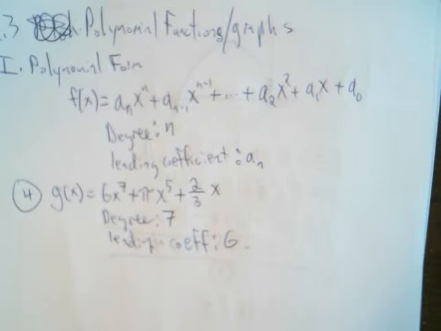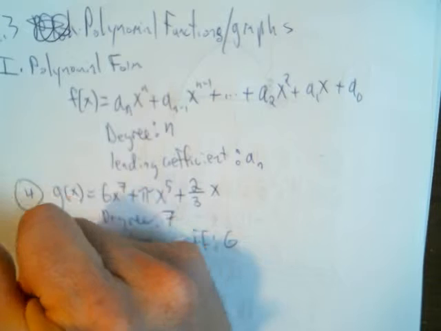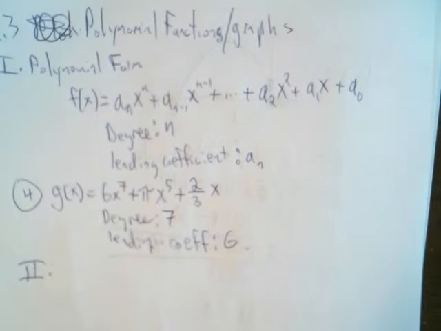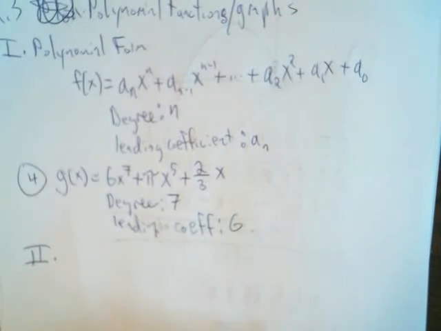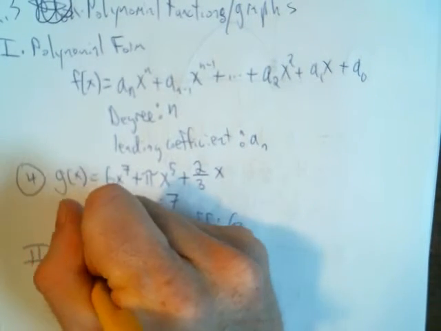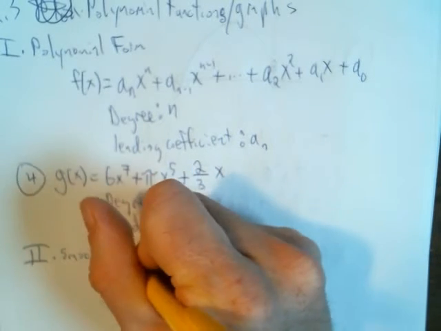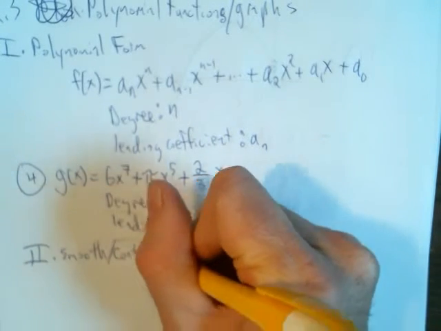Okay. One concern in later classes is smoothness and continuity. So smoothness just means, are there any corners on it? And continuity means, can you draw it without picking up your pencil or pen? So we talk about that for a second. Smoothness versus continuity.